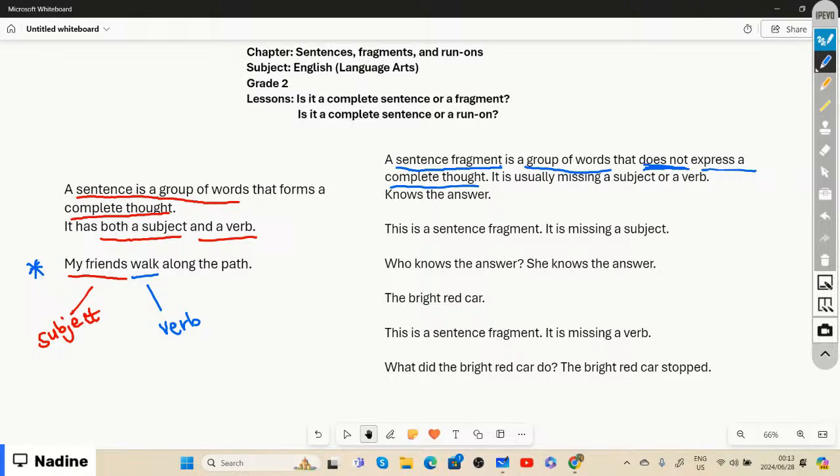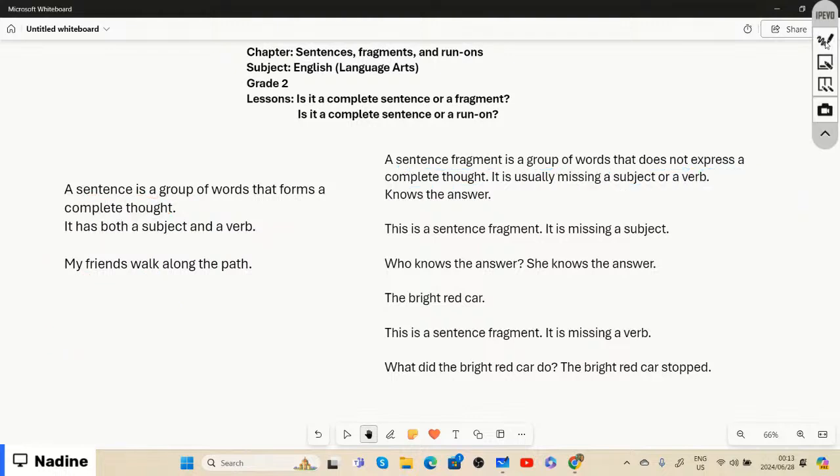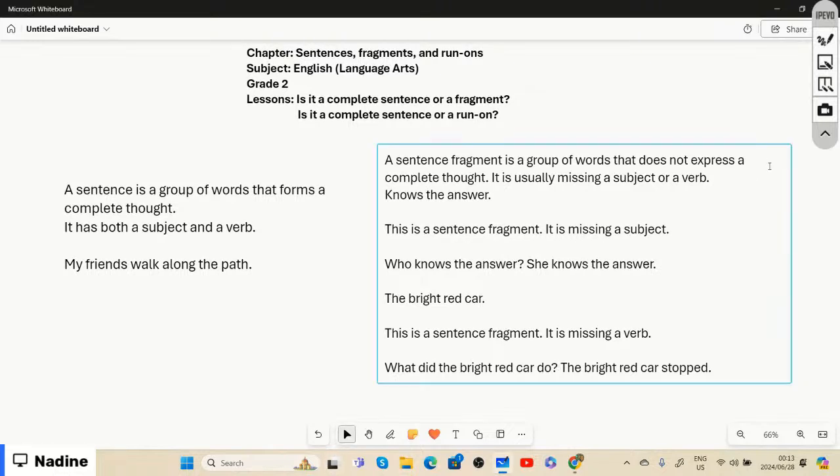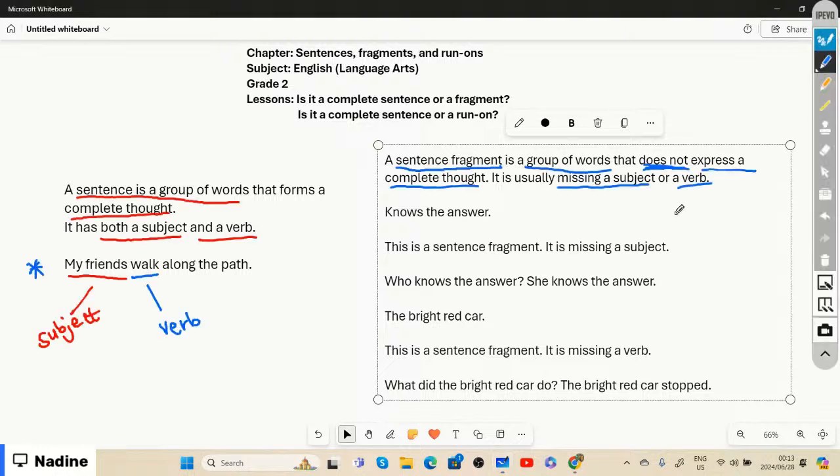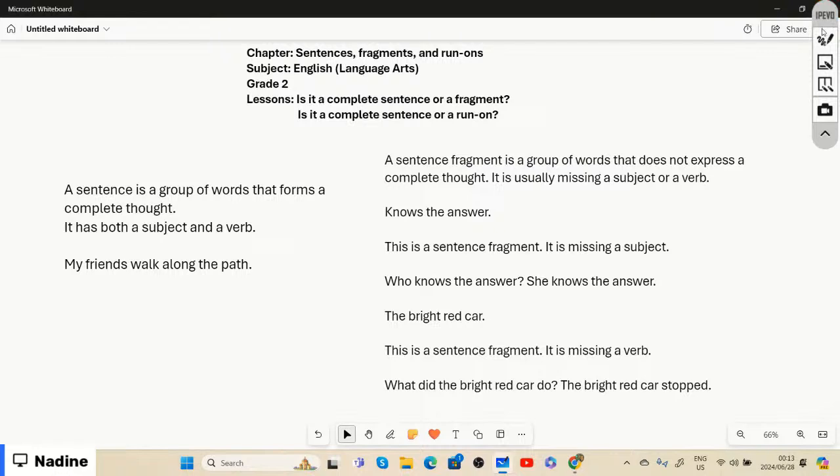A fragment is usually either missing a verb or missing a subject. So in that sentence, they're either not making mention of a subject, a person or a thing, or they're not making mention of the action that the person or thing is doing.